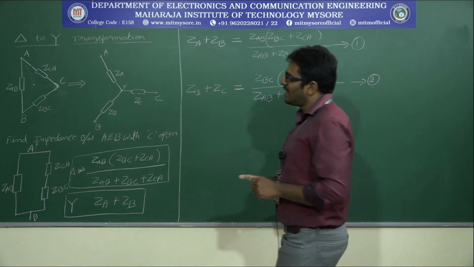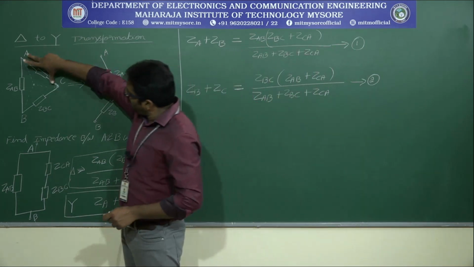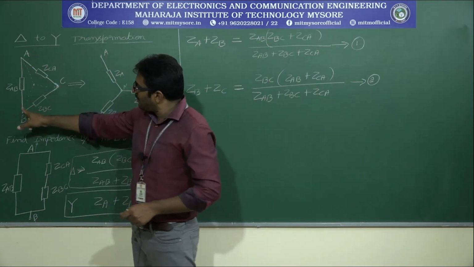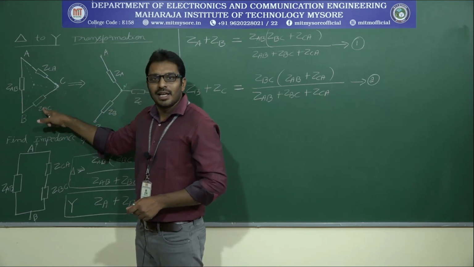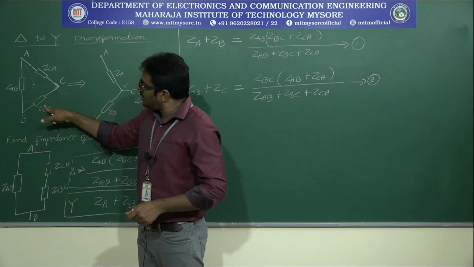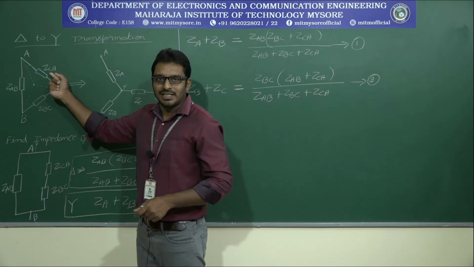Now the last case: measure the impedance between A and C with B open. Now ZA and ZC become series, and this combination is in parallel with ZCA.